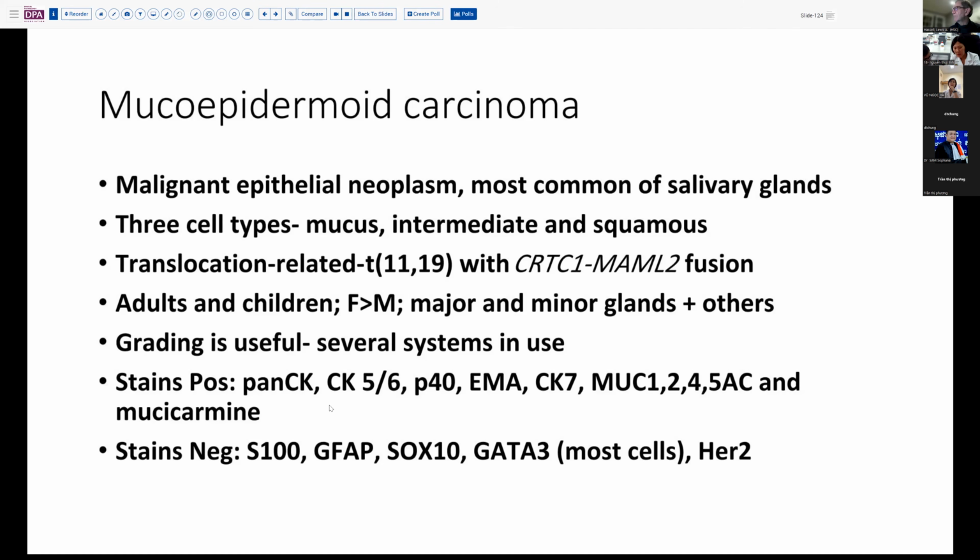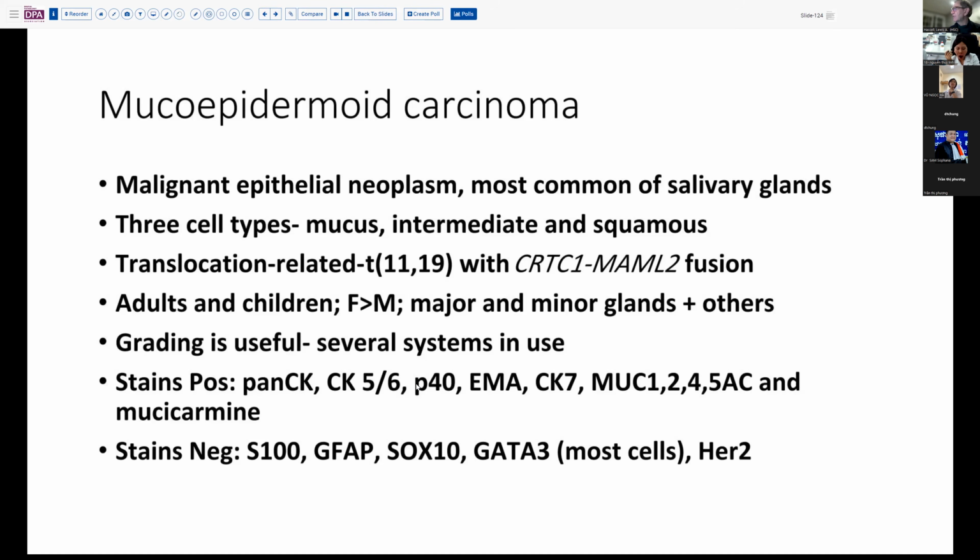So positive stains: cytokeratins, of course. CK5/6 will usually stain the intermediate and squamous elements. P40, likewise, the squamous elements. EMA will stain both. And MUC1, 2, 4, 5AC would be positive in the mucous cells.